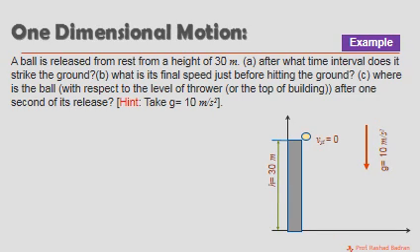From the same building of height 30 meters, we are going to release the ball from rest. That means the initial velocity is 0, and then we're going to find the time it takes the ball to reach the ground and its final speed at the ground.